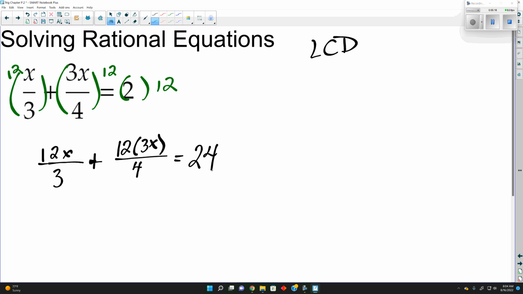Now, a lot of times we would just cross out on the first step, because I could look up here and say, okay, 12 over 4 would reduce to 3, 12 over 3 would reduce to 4. We can write it out down here: this simplifies to 1, this simplifies to 4, this simplifies to 1, this simplifies to 3. We could have done that in the first step, but if it's helpful to write it back out, that works too.